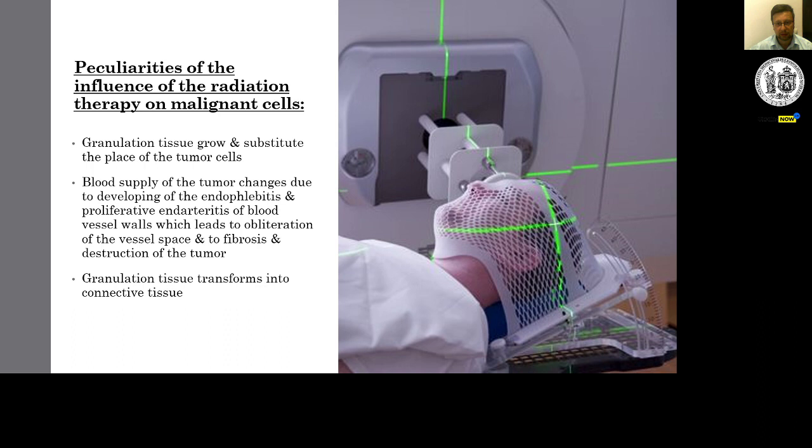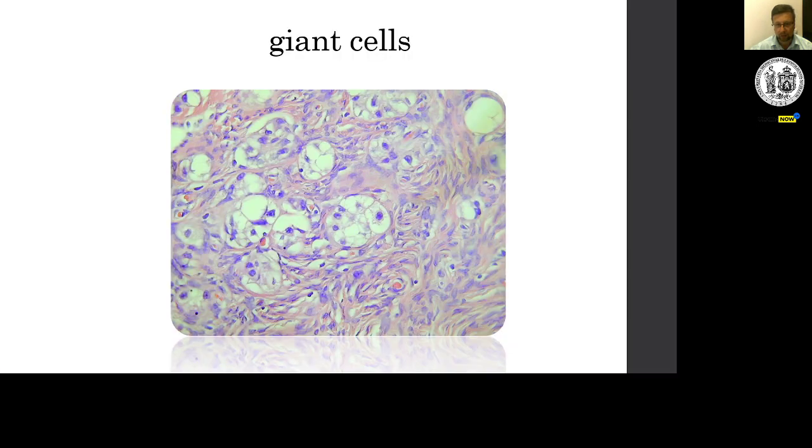The tumor cells will be substituted with granulation tissue. Also, the blood supply of the tumor changes due to the development of endophlebitis and proliferative endarteritis of the blood vessel walls, which leads to obliteration of the vessel space and as a result to fibrosis and destruction of the tumor. Also, we will observe granulation tissue which will transform into connective tissue at a later stage after the completion of radiation therapy of the tumor.